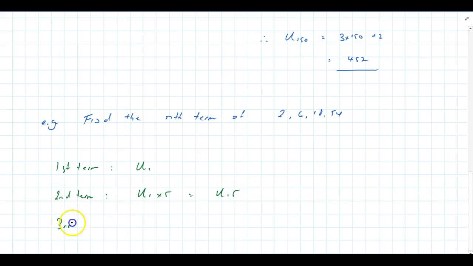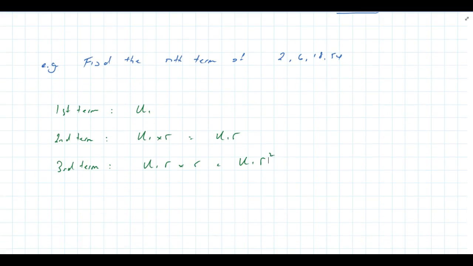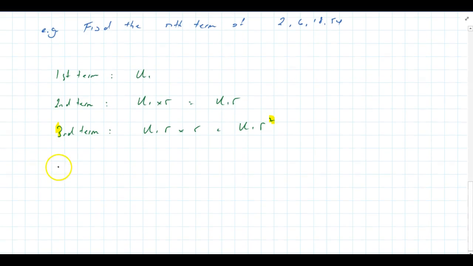So our third term, if we multiply this by another r, is u1r times r, which is u1r squared. And we're going to get to that point again where we recognize there's a pattern here, just multiplying by r each term. So our nth term, if we project to that, is u1 r to the n minus 1.